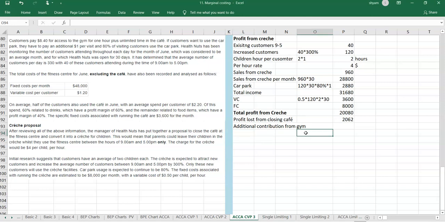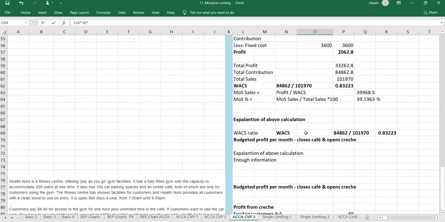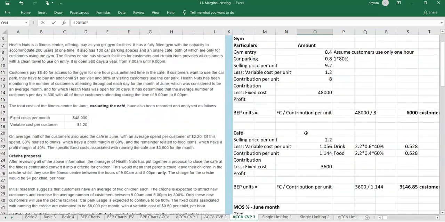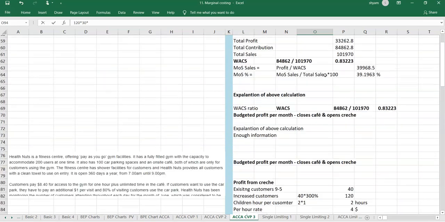So that's going to be 120 new users for a month, and each of them will give a contribution. So how much is the contribution? We'll get the contribution per unit for gym users. It would be 8.4 is the gym entry. Car parking, I think we have taken. So 8.4 minus 1.2 would be the contribution per unit.